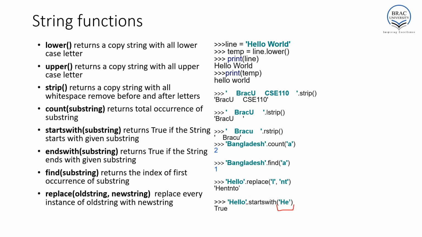Does this string actually start with capital H and small e? Yes, indeed it does. So a true is returned here. However, if I had written small letter h and small letter e instead of capital H and small e, I would have gotten false here, because this hello string does not start with this substring.